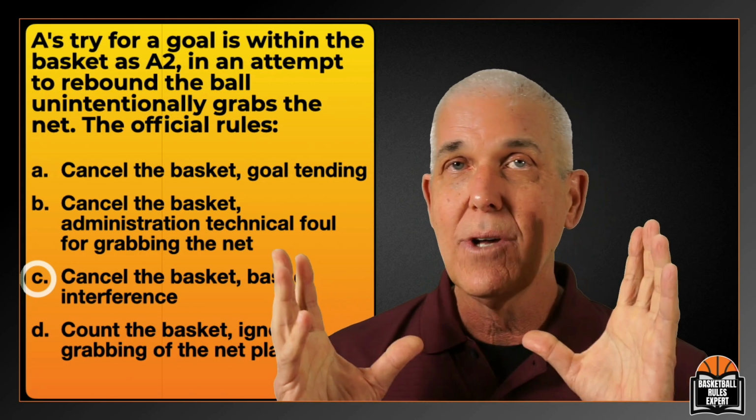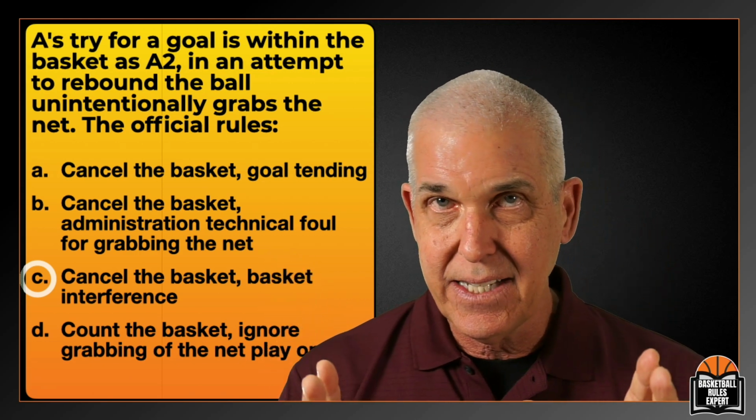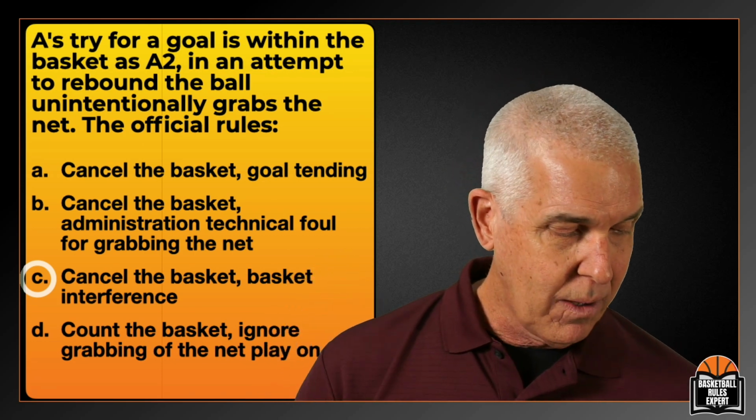It is illegal to contact the basket while the ball is on or in the basket. Understanding what the basket is by rule, ring, net, flange, is critical to understanding touching the basket. In this instance, but also understanding on or in the basket constitutes a basket interference violation by rule.